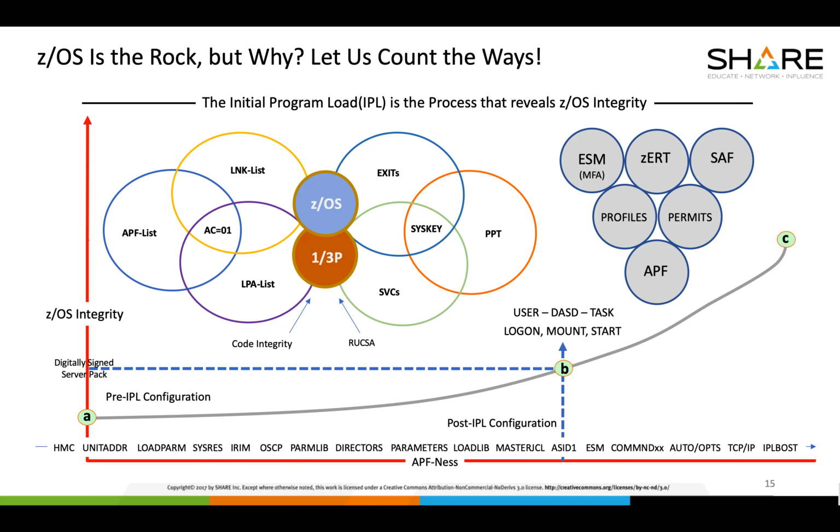We need to know what the APF environment looks like, so we had to load our APF list up into memory somewhere. And if there are other components that are specialized, like XERT as an example, those need to come to life as well.